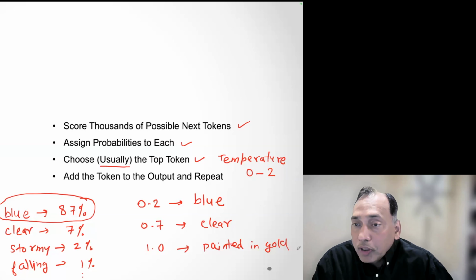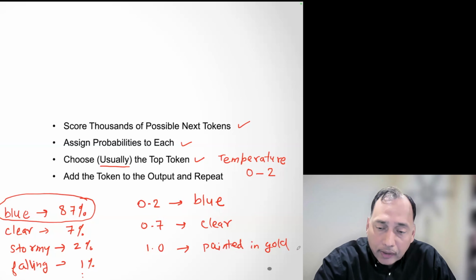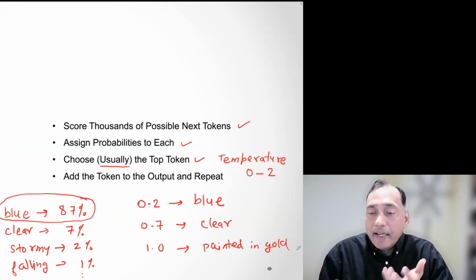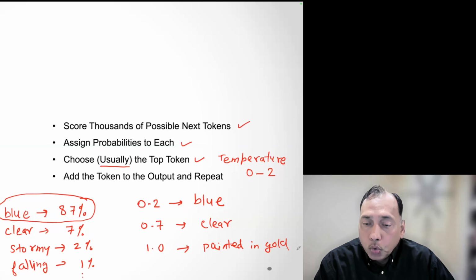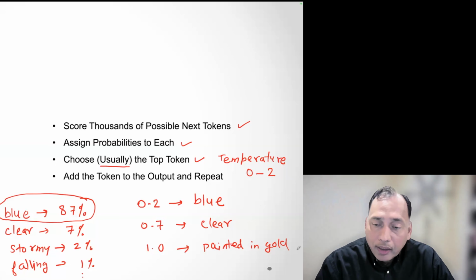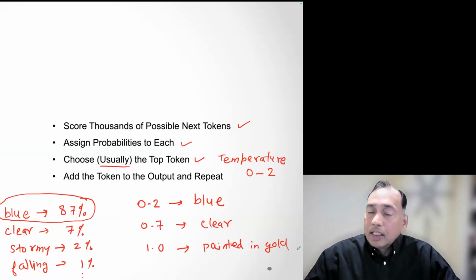Now for GPT-4, the default value for temperature is 1, and that tries to balance randomness. If it is 2, it could be very random and very creative, and sometimes it will not make any sense. And if it is close to 0, it will be more deterministic, and you always get the same answers.